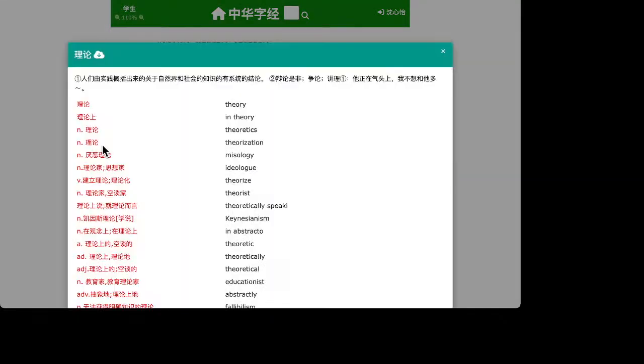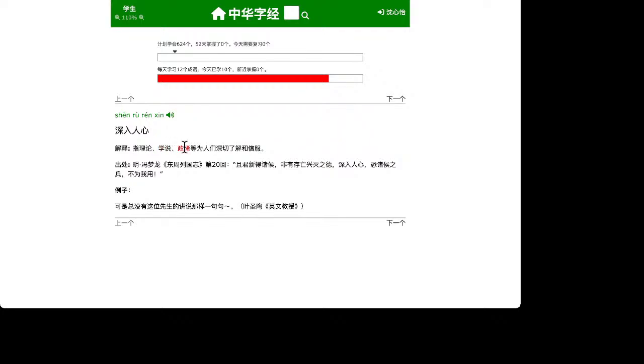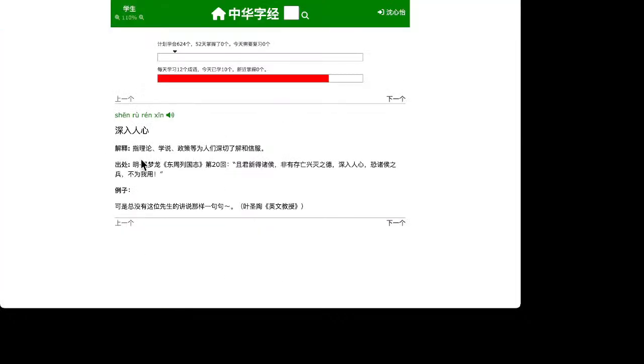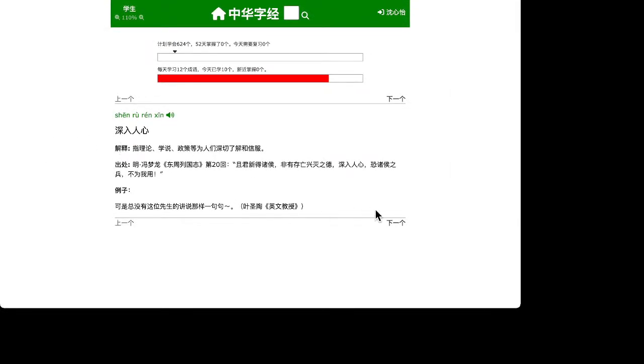This is like theories, scholarship and policies in government or stuff like that. If it's got a deep understanding of human nature and society and stuff, 深入人心 is what you would call that.